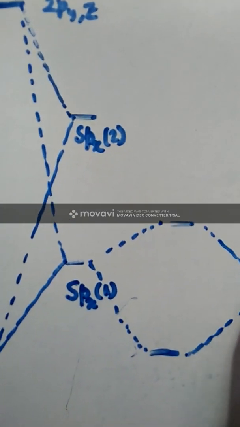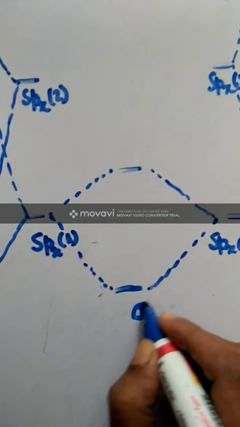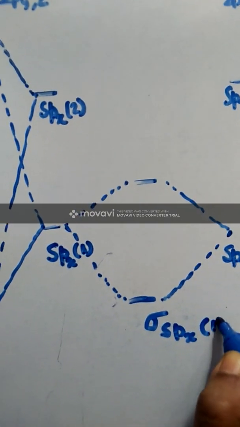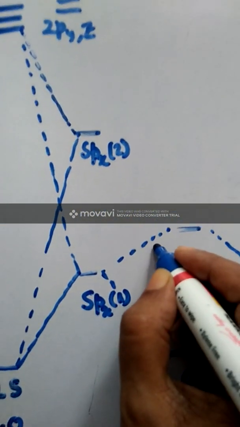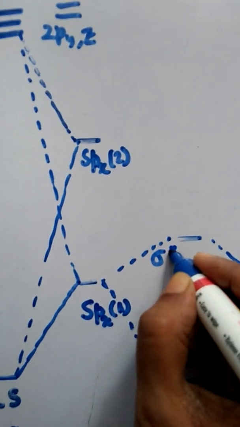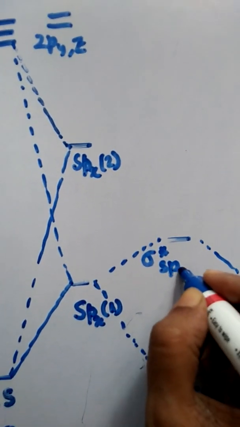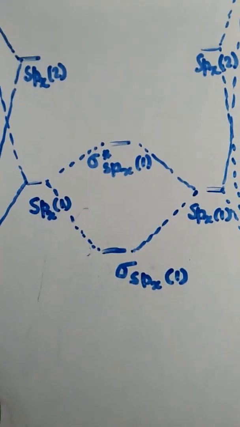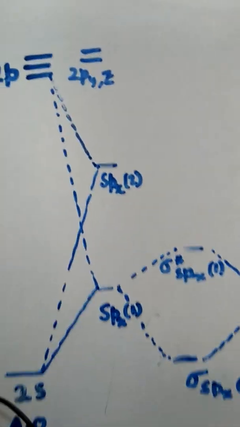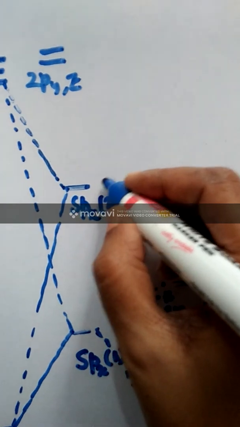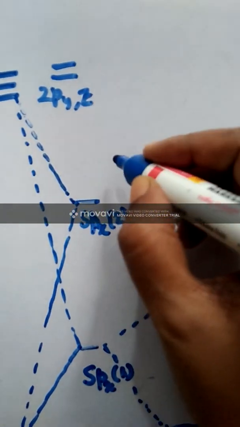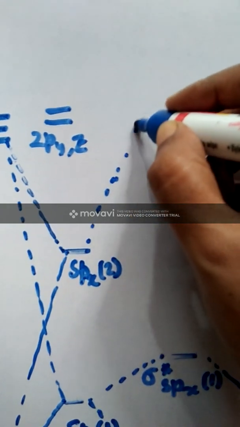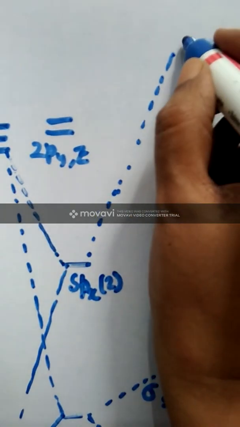So this is sigma spx1 and sigma star spx1. These two have formed. Now the spx2 will also form two orbitals, one antibonding and another bonding.